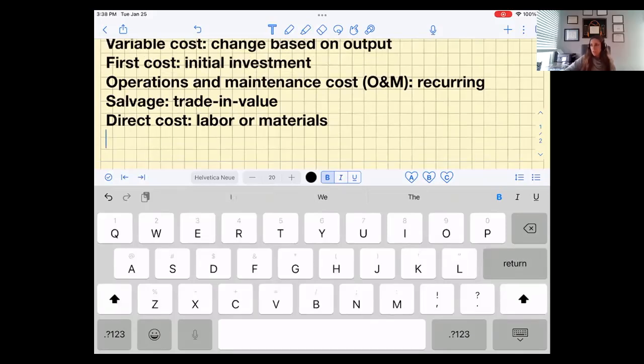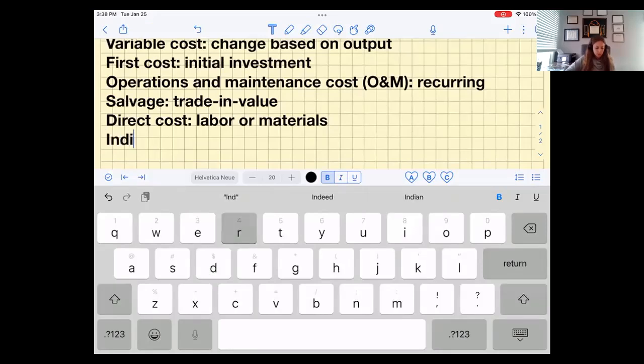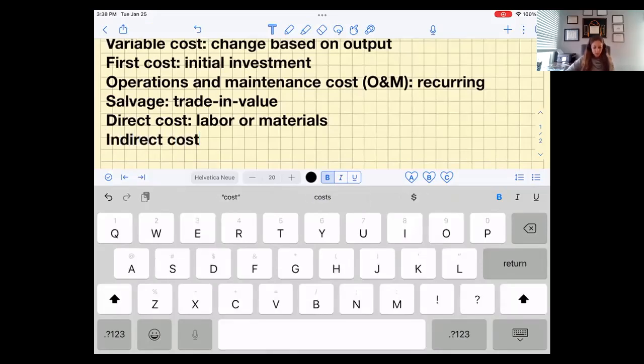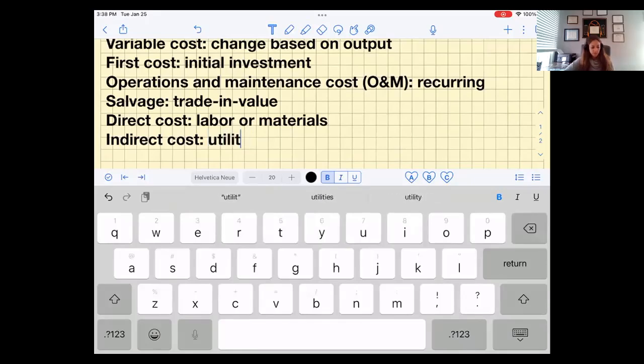By contrast, an indirect cost is something that's not directly related to what your operation is, but you still have to pay for it, such as utilities, insurance, etc.